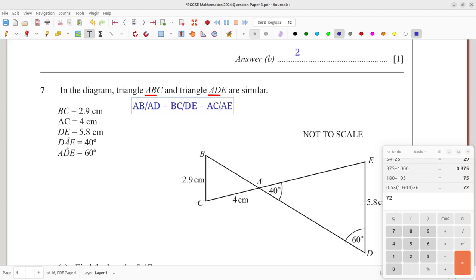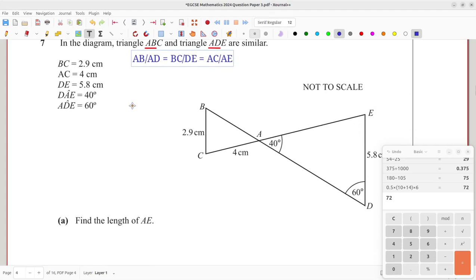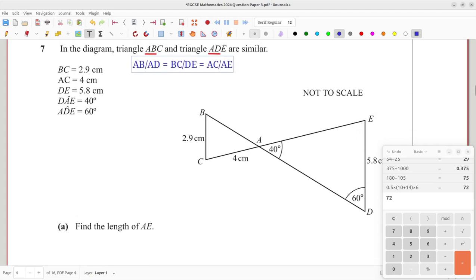Now let's check what we are given and what we are required to find. We are required to find AE.